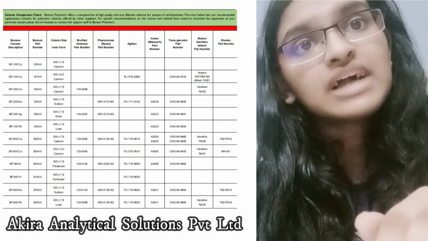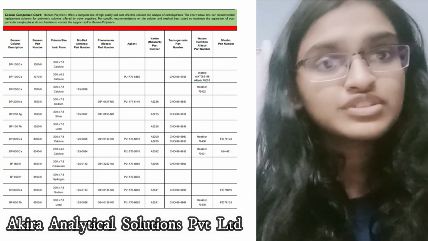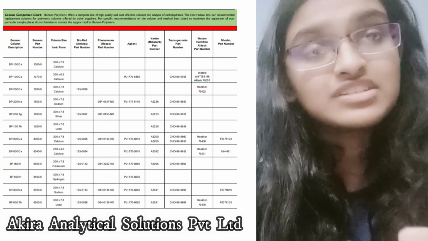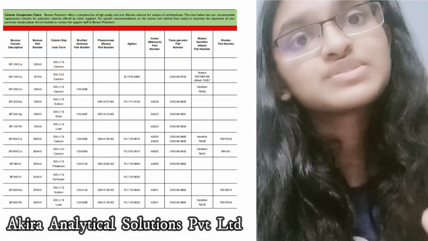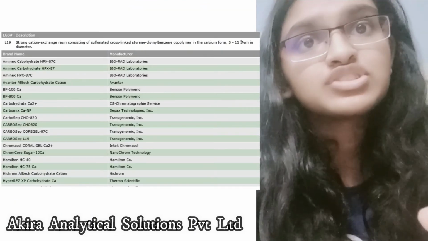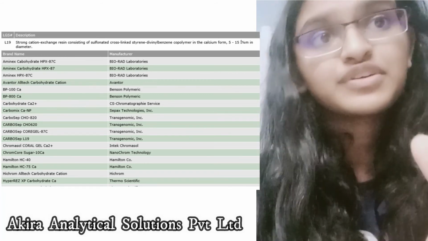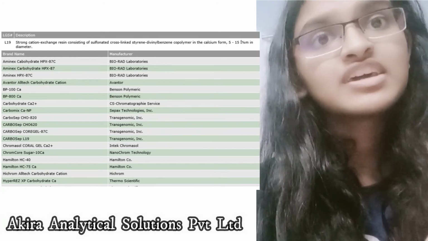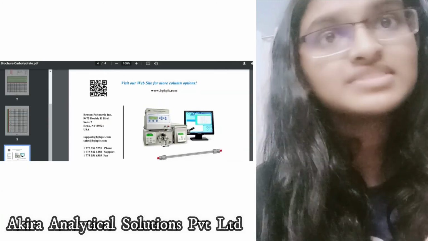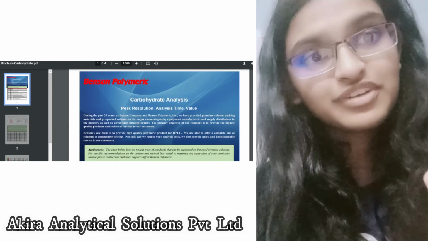These are columns of other variants, so you can use it to compare the description of the columns that you get. This is a comparison chart which is very helpful for you to choose what is right for you, and you need not hesitate to approach any support staff at Benson Polymeric to find the best suited column for your needs.